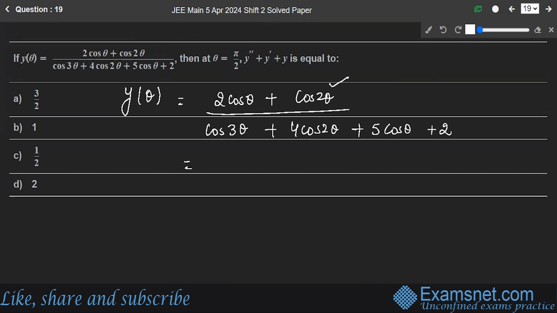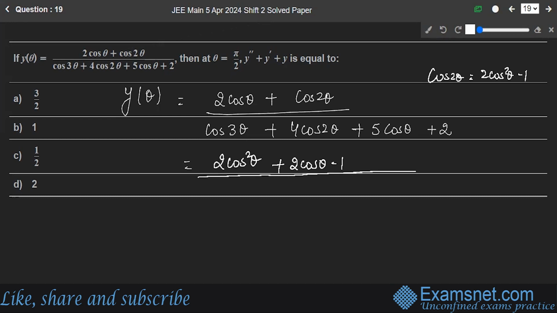Let's open up this numerator. You will have 2 cos square theta plus 2 cos theta minus 1, since cos 2 theta is equal to 2 cos square theta minus 1. Now the new denominator: opening up cos 3 theta, this will be 4 cos cube theta minus 3 cos theta, and this will be 2 cos square theta minus 1, 5 cos theta plus 2.